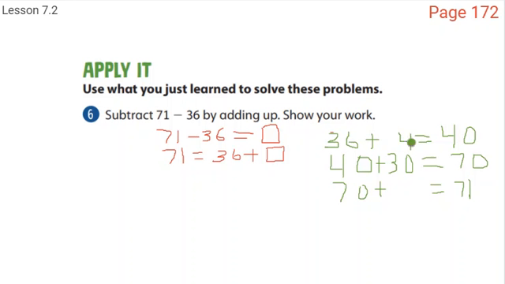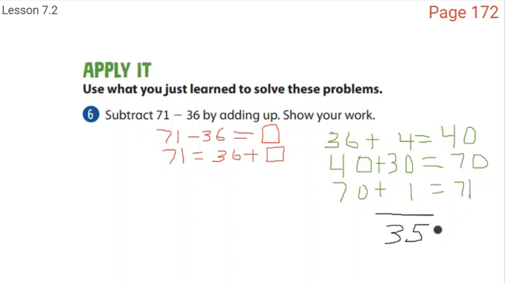Okay, let's line this up. 40, 70, plus 1 is equal to 71. Add all of these up. So 4 plus 0 is 4, plus 1 is 5. Any 10s over here? Yes, we have 1, 2, 3 10s. So 3. So 35. Whoa, Mr. Woods, that's pretty cool.